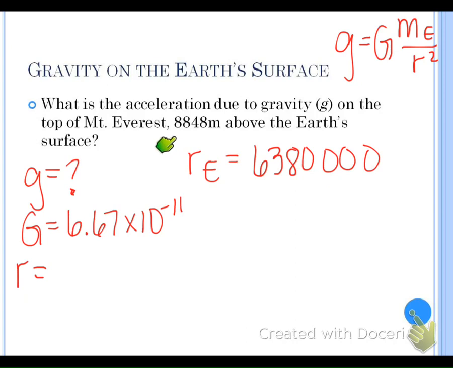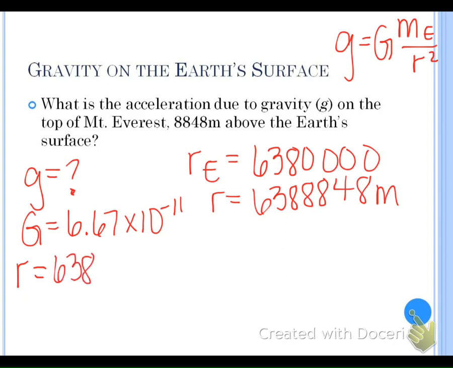This distance is from the surface to the top of Mount Everest. So we have to add those two together to get our total radius. So we'll get 6,378,848 meters is our radius. Okay, now we just plug it in and go.